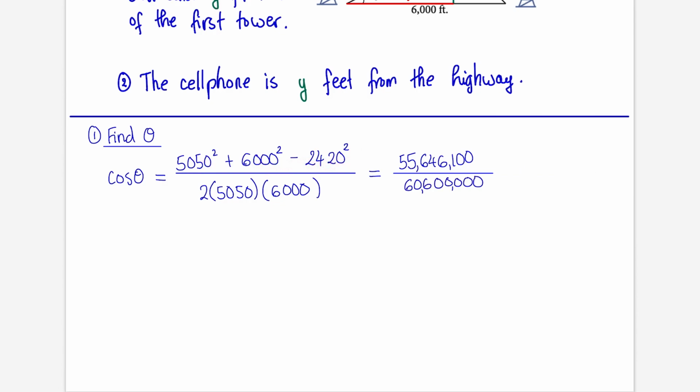5,050 squared plus 6,000 squared minus 2,420 squared, I got 55,646,100. 2 times 5,050 times 6,000, I got 60,600,000. And I will take 55,646,100 divided by 60,600,000.